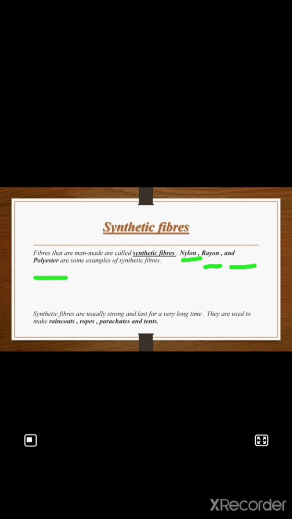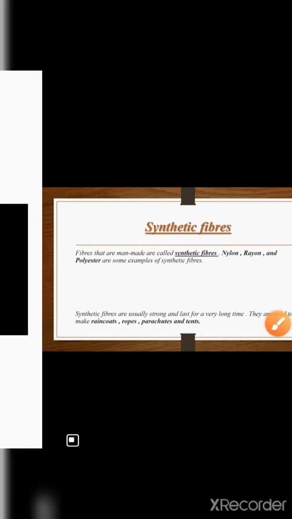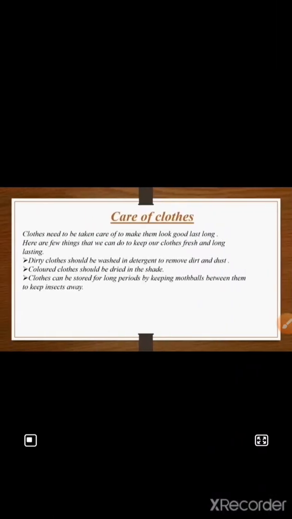So here: raincoats, ropes, parachutes and tents. Okay, now you can see the example of man-made or artificial fiber. You can see the picture. By the picture you can easily understand. Okay, so let's move on to the next, children.